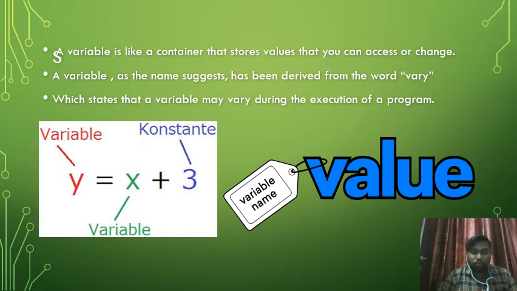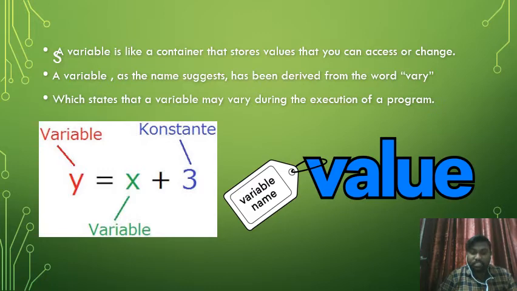We know the value of 3, and we don't know the value of x. So x is also assigned some value, so x is also another variable. Y has the x value and 3; those two things will be calculated and kept in the variable called y.